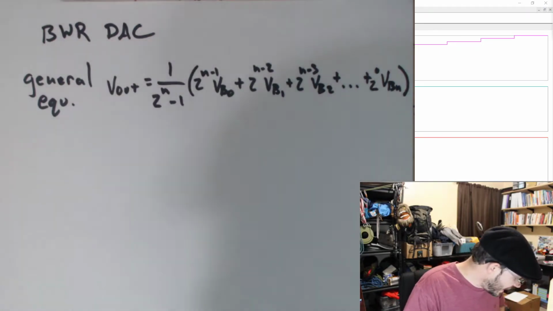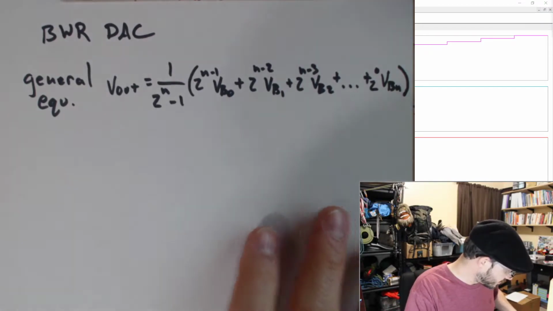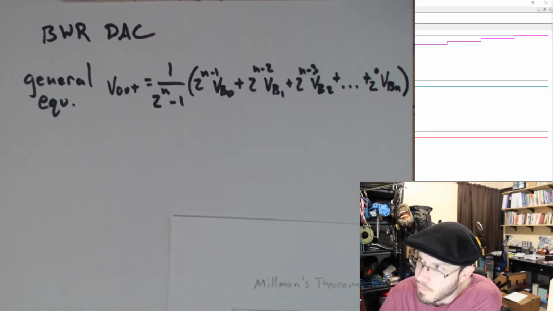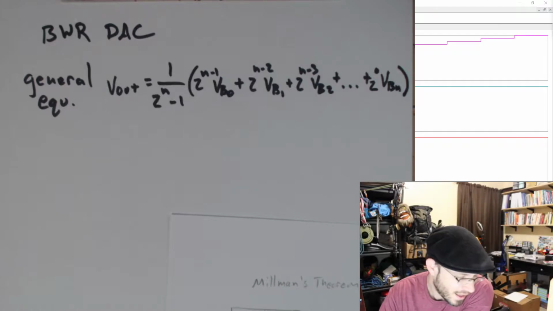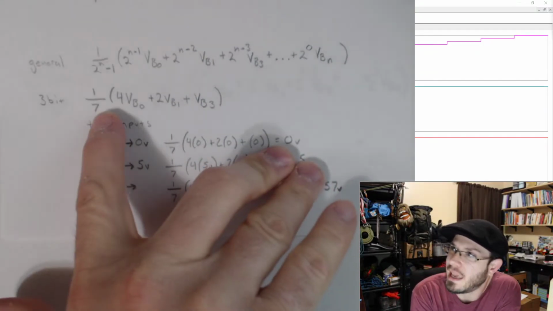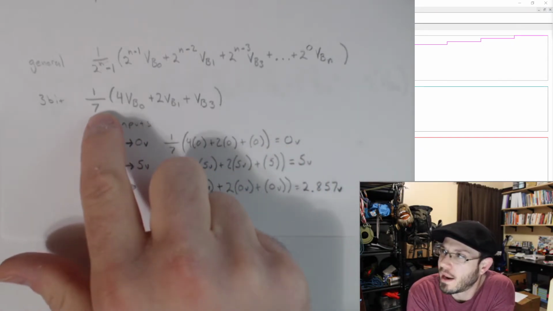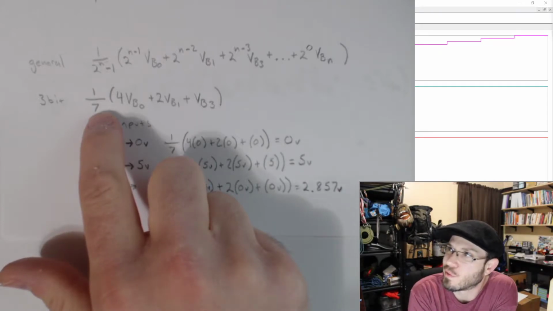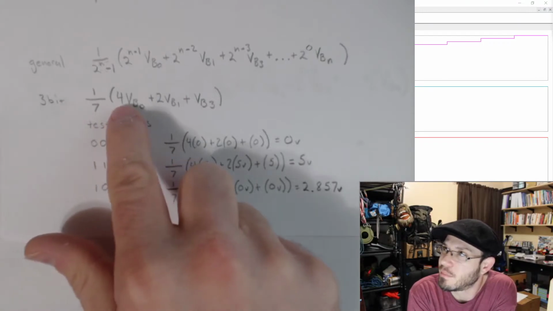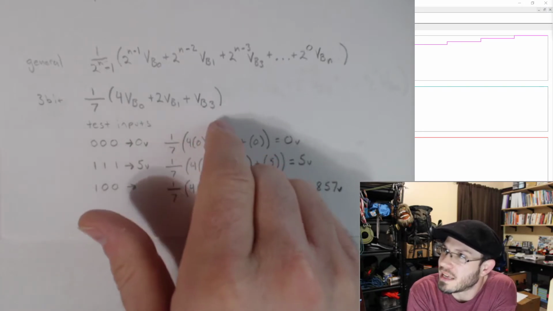Now, if I do this for something a little easier to solve on paper as opposed to a 4-bit, if we did it for, say, a 3-bit, we would end up with this equation for V out, where since you have 3 bits, it's going to be 2 to the 3 minus 1, or 1 divided by 7, times 4 VB0 plus 2 VB1 plus VB3.